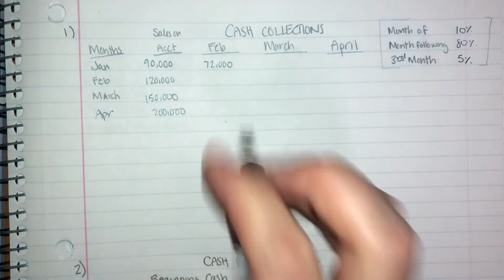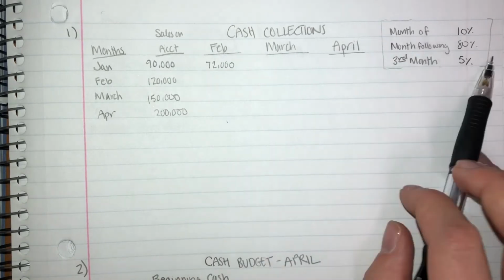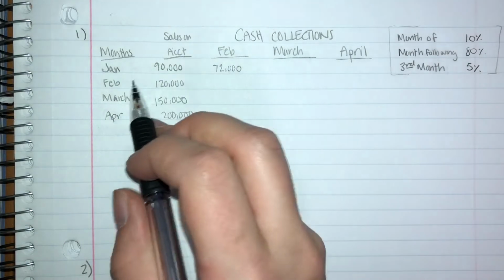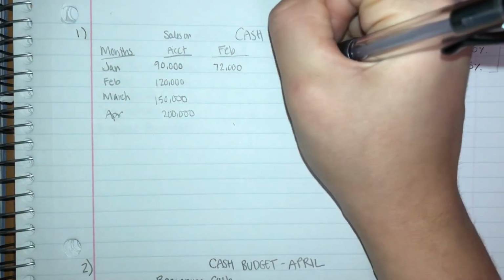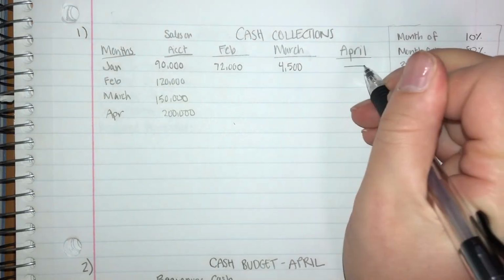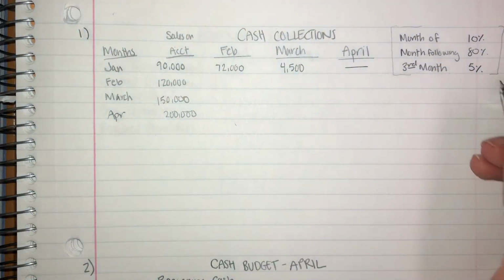So then in the third month, this was the second month, the month following, and this March would be the third month for January. So we'd multiply 90,000 by 5%, which is 4,500. And then nothing for April because we don't have information for the fourth month. So we would probably assume that remainder is uncollectible.